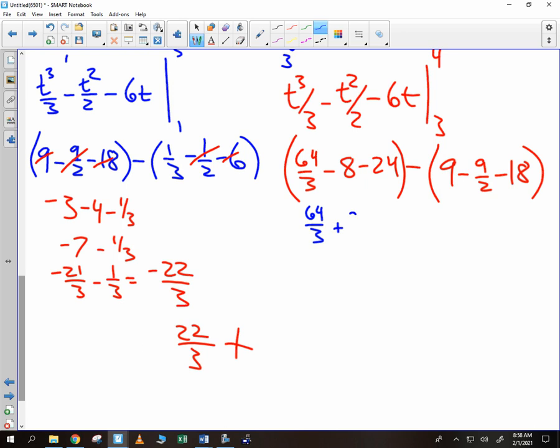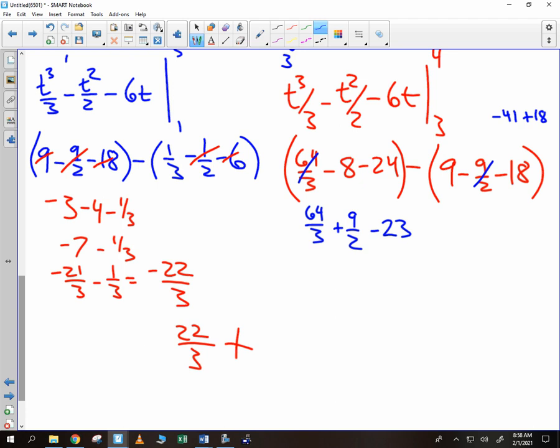I could add the 9 halves. So those are gone. But now I have negative 8 minus 24. That's negative 32. Minus 9 is negative 41, and then I'm going to add 18. Negative 23. So minus 23.